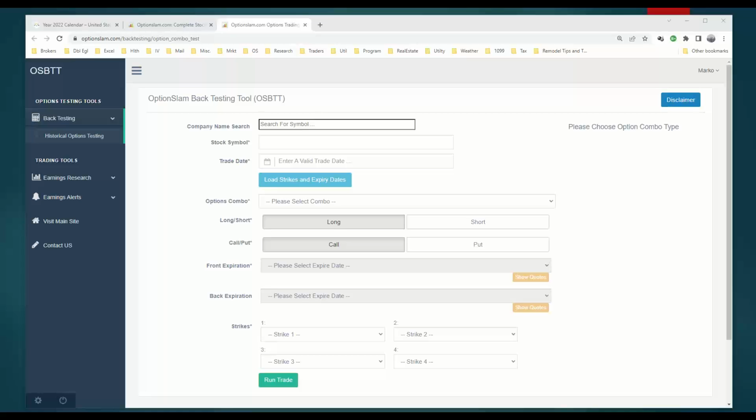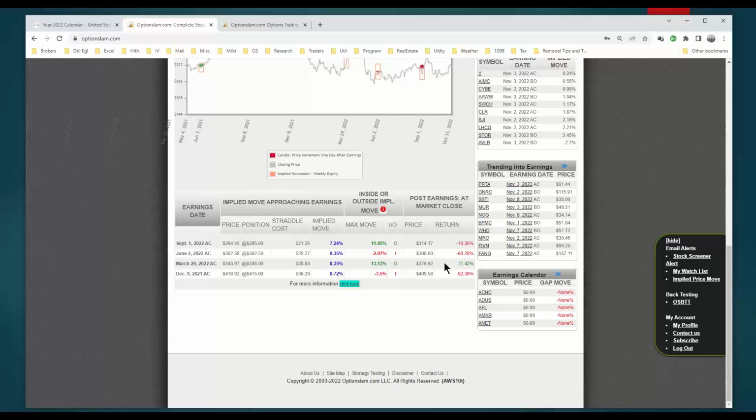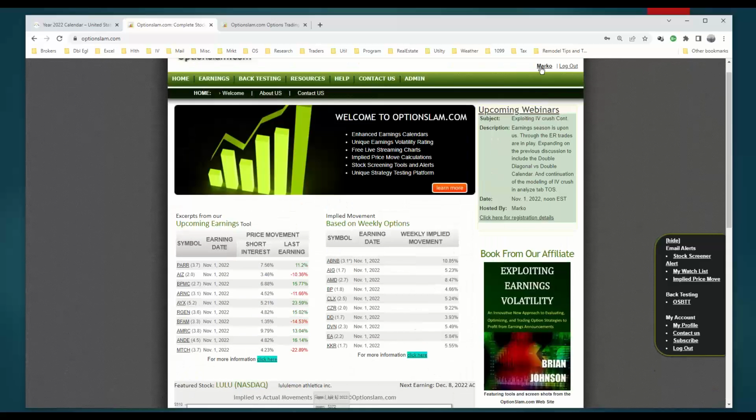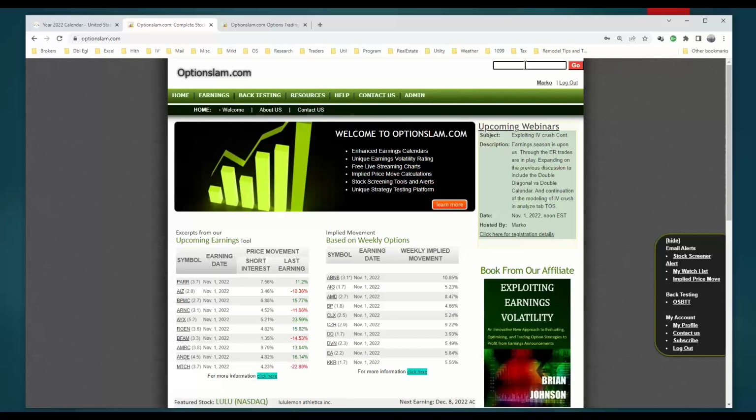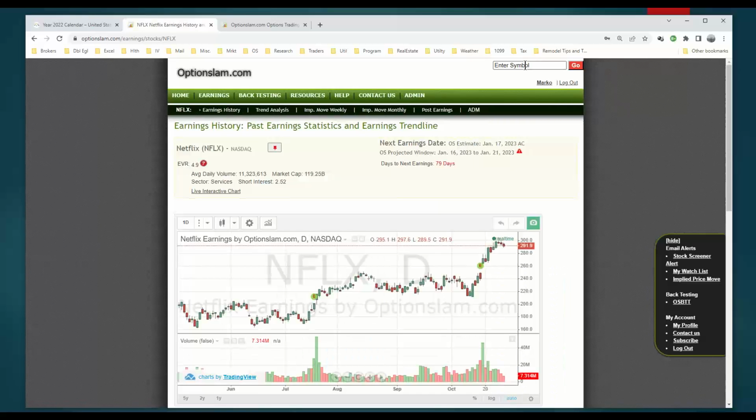We purchase end of day data that supplies the OSBTT and the rest of the website with all of the other statistics that we provide. For example, if we go to a specific stock, like Netflix, which is one of the ones that I did backtest, I know I did Tesla, and a few others.